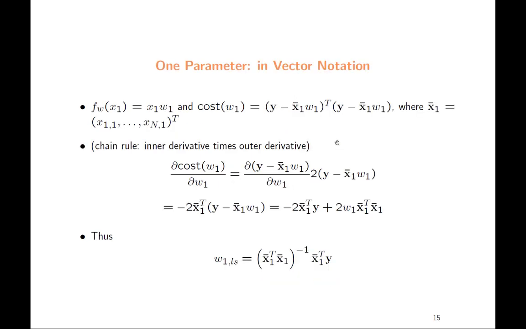And we can even use this nice vector formulation. So this, as I said before, is y minus x1 w1, where this x1 bar is x_11 to x_n1.